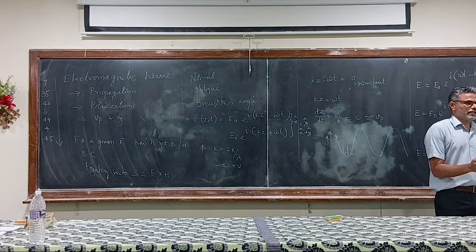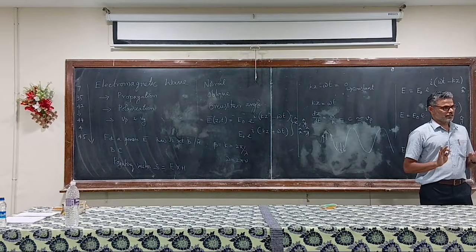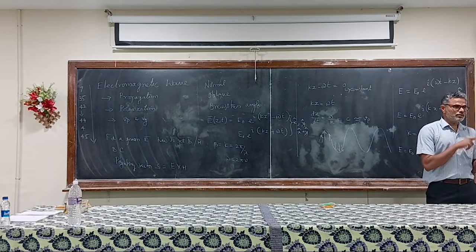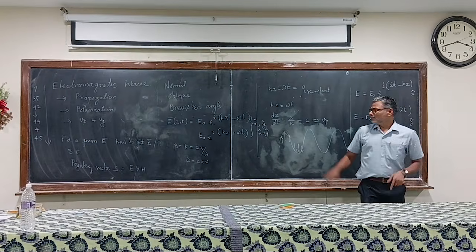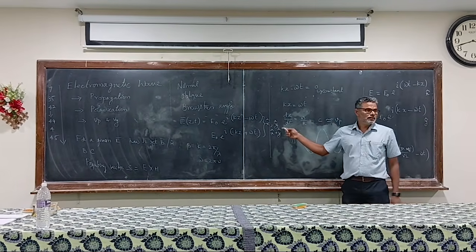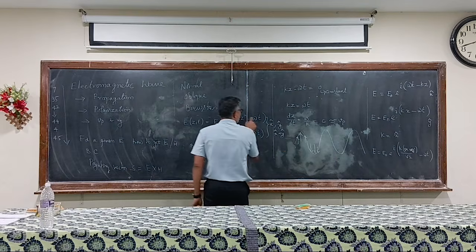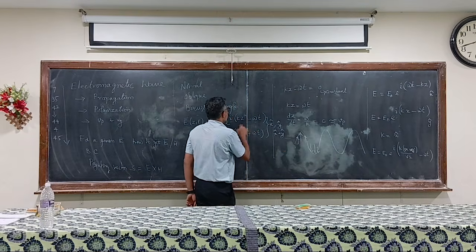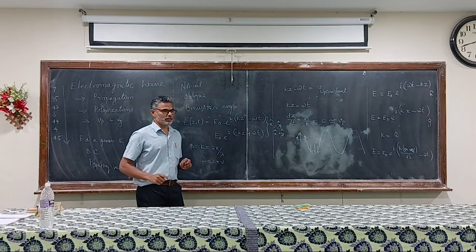So what is the learning takeaway now? The propagation direction, we are very clear: the coefficient of k gives the propagation direction. The argument has one plus and one minus, that means the spatial part and the time part. When you say wave, it should have a spatial as well as a time part. Only sine and cos are periodic functions.